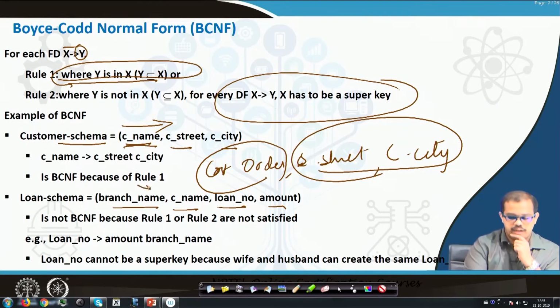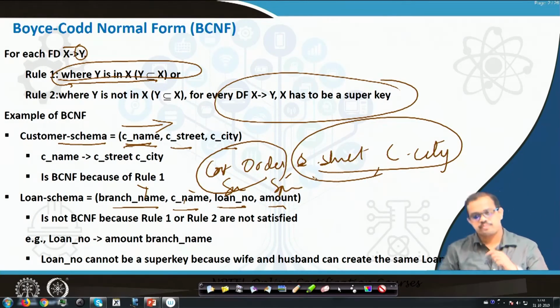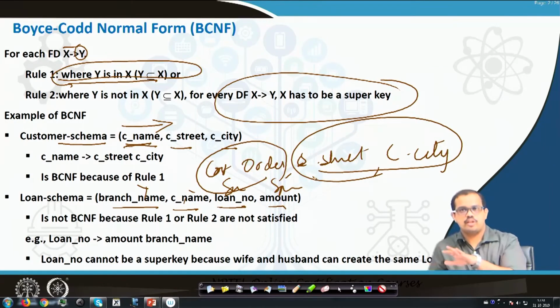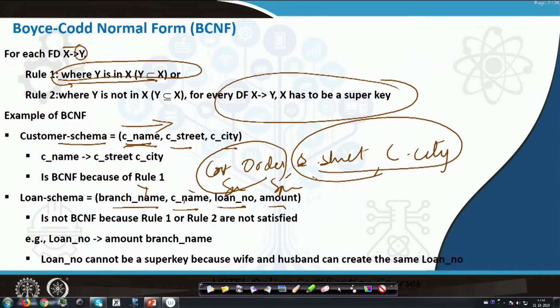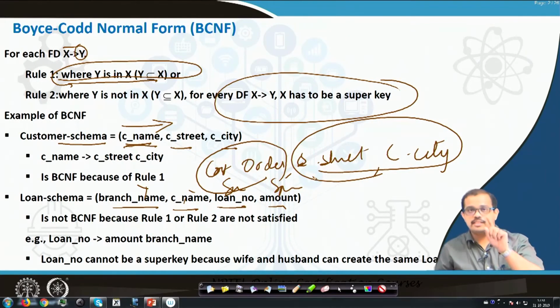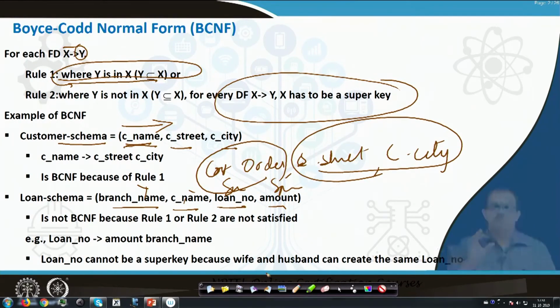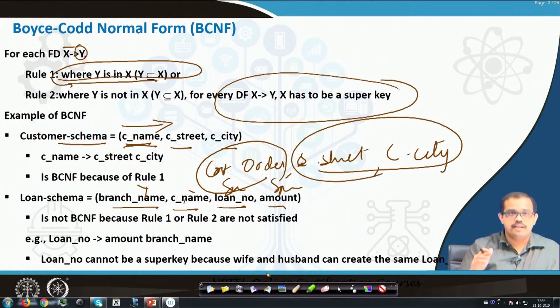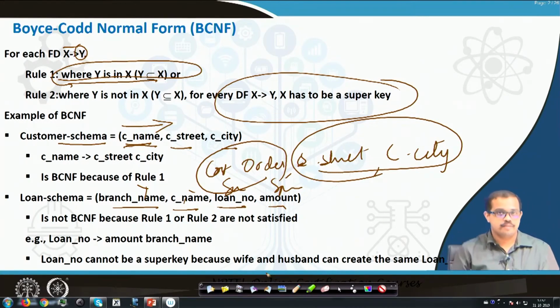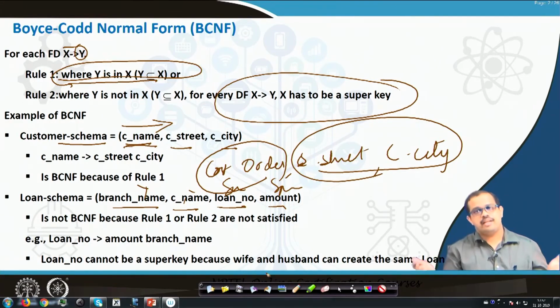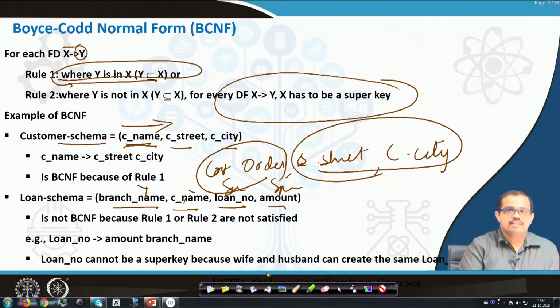You are trying to define y, x, a super key 1 and a super key 2. Super key 2 can be one example of where it can be used, but when you are looking at super key 1, which is a loan number, this particular loan number can be for both wife and husband. When the super key is for both wife and husband, it means to say that it is duplicating. So, if it is duplicating, your entire third normal form fails. So, this cannot be in the third normal form.